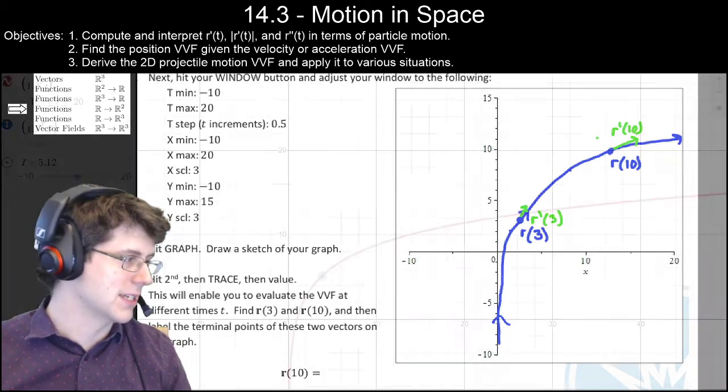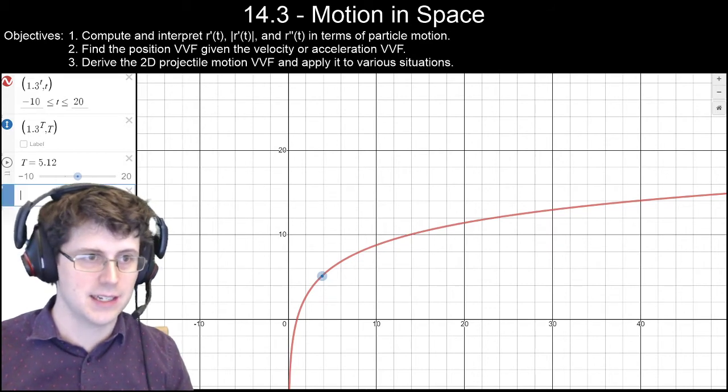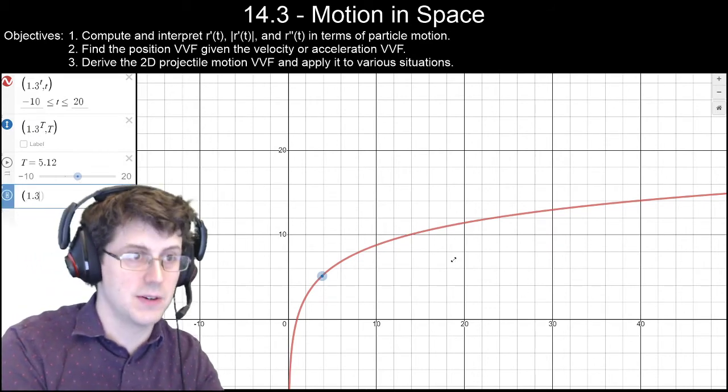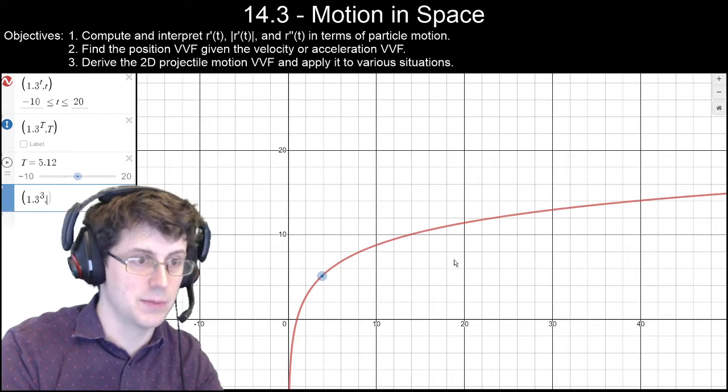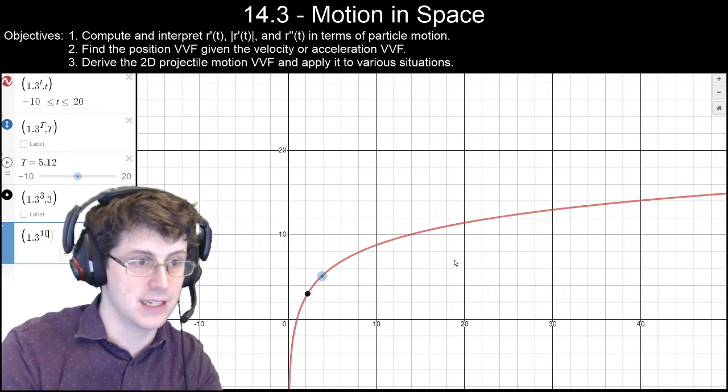Now, Desmos shows us all that when we hit play. The thing we were trying to see was, here's a point, 1.3 to the 3, comma 3, and here's another point, 1.3 to the 10, comma 10.